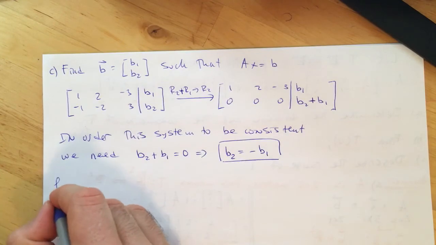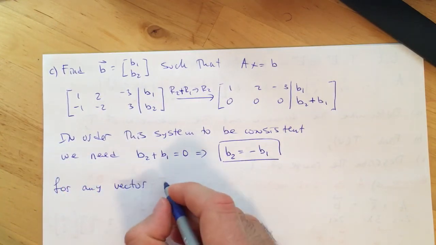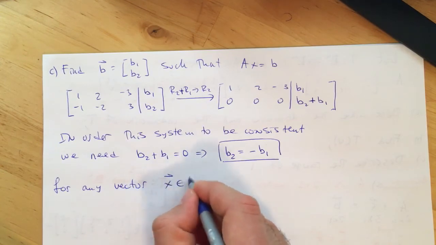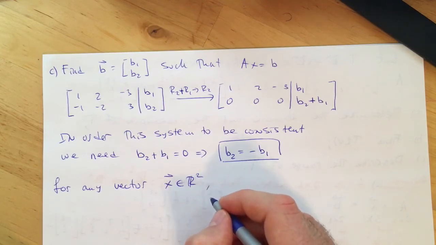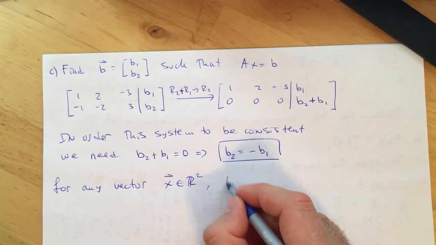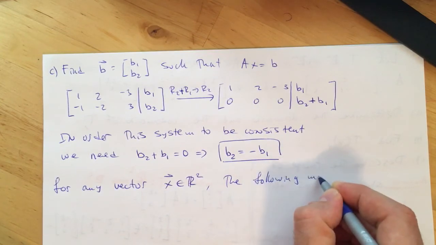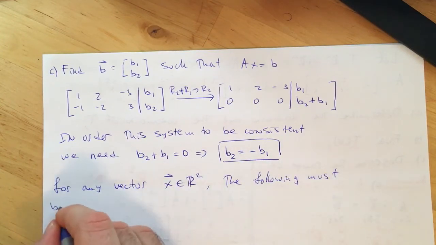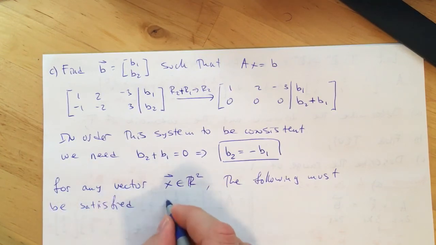So for any vector x in R2, the following must be satisfied: that x2 is equal to negative x1.